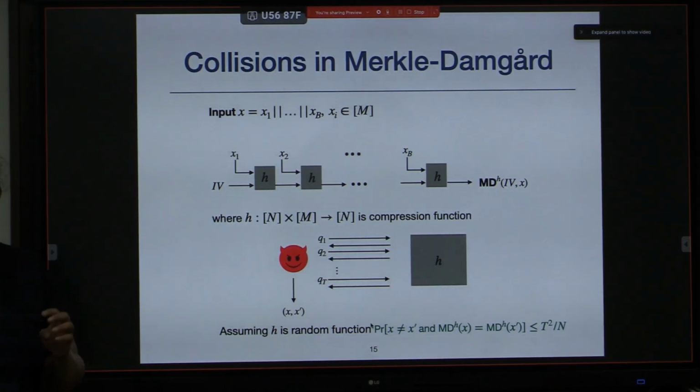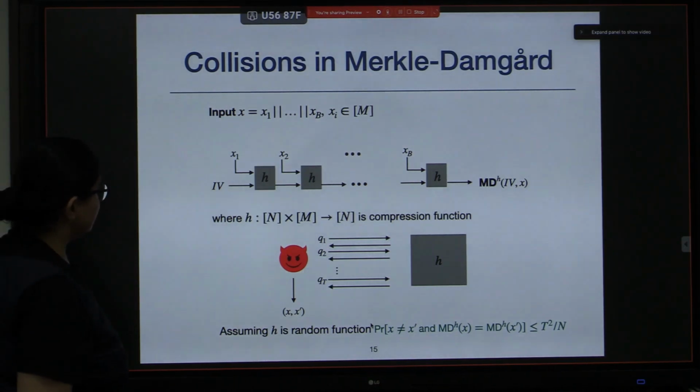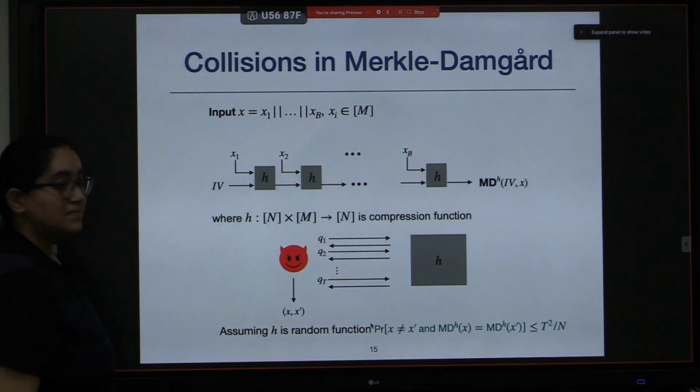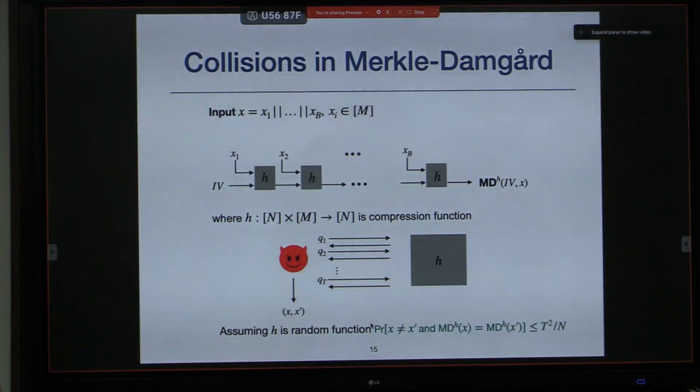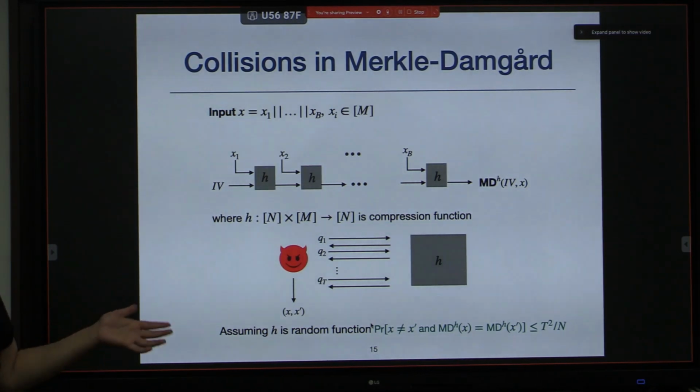But why is h(x) equal to x not a random function? Because it's not uniformly distributed. I want h(x) to be uniformly distributed for every x. Okay, h is a random function. So when we say h is a random function, its output on every input is a random value in the range.